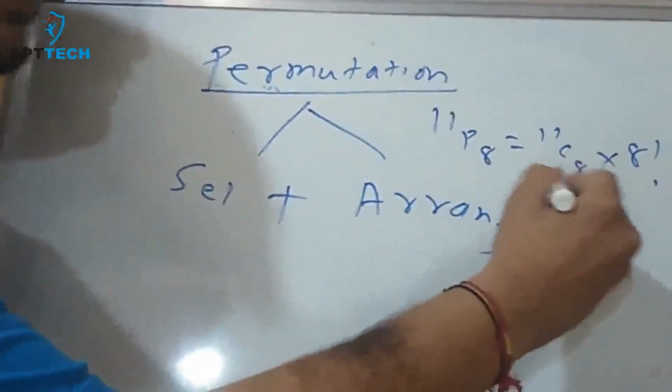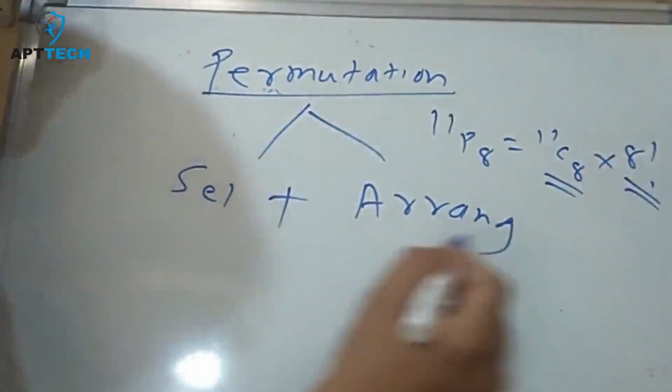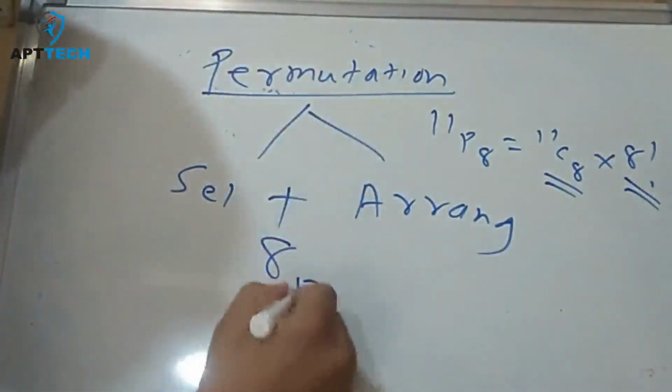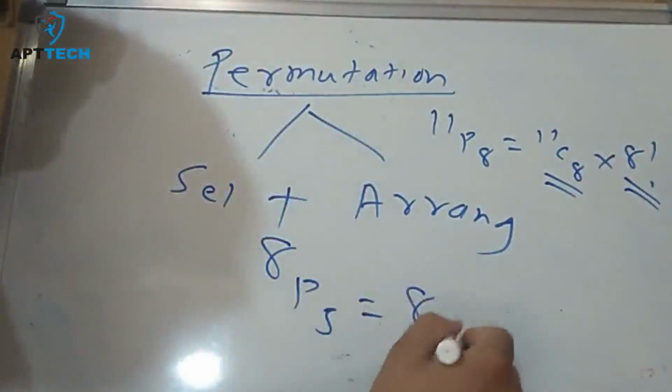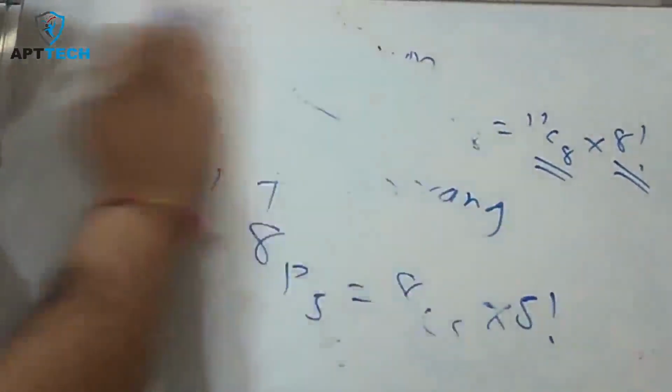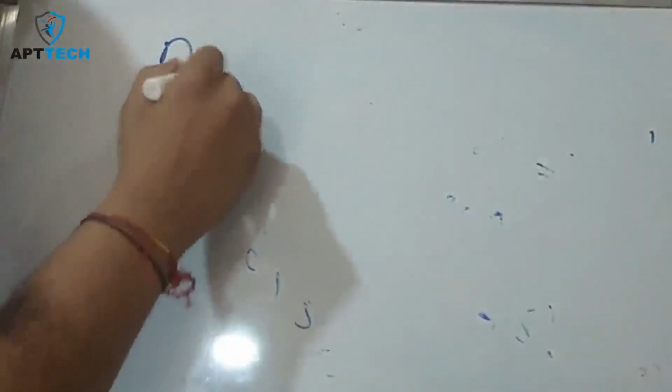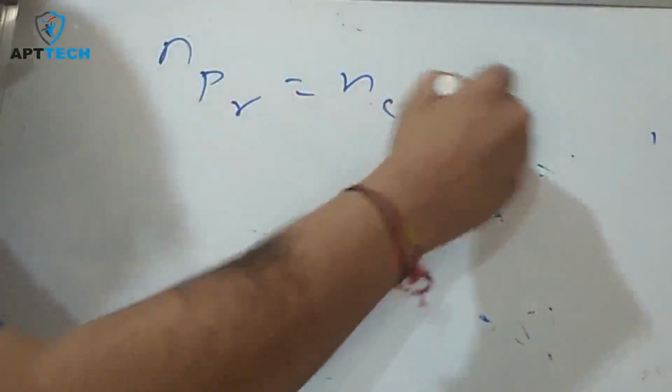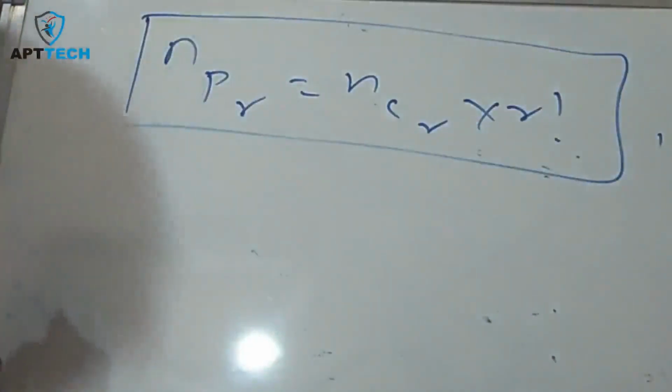This accounts for selection, this accounts for arrangement. Similarly, 8P5 is nothing but 8C5 into 5 factorial. So one way of looking at permutation is nPr is nothing but nCr into r factorial.